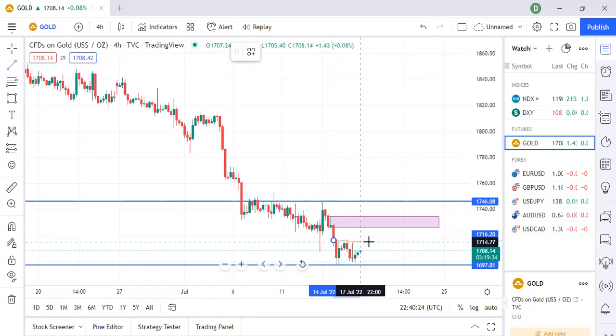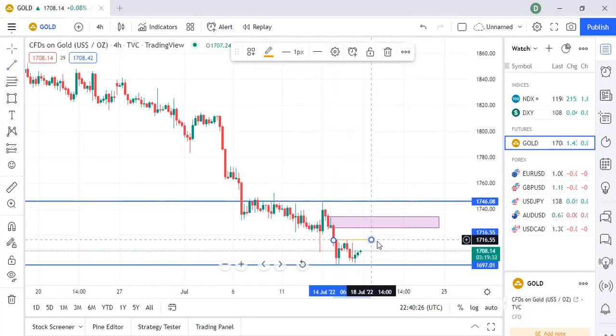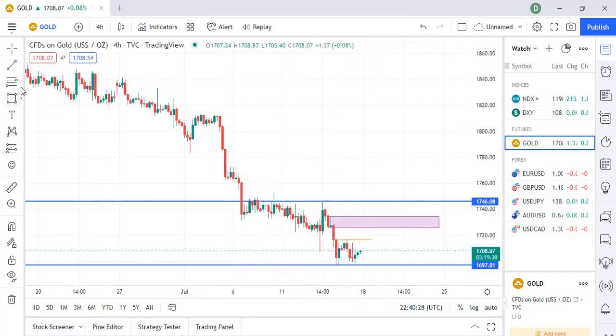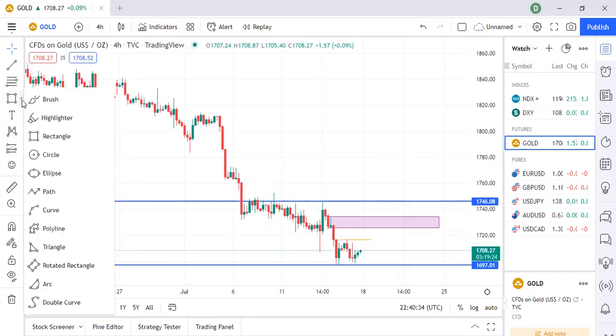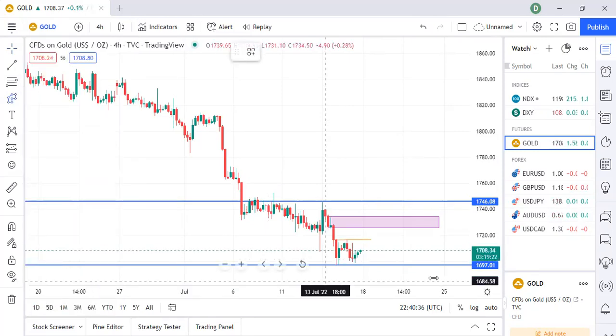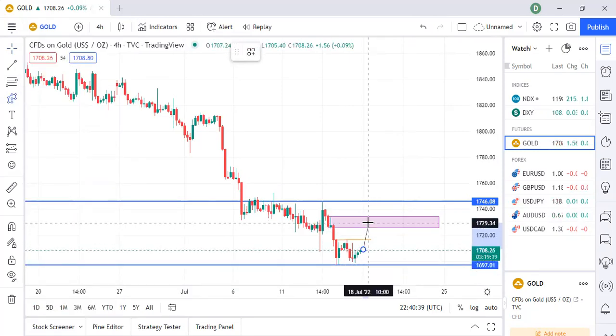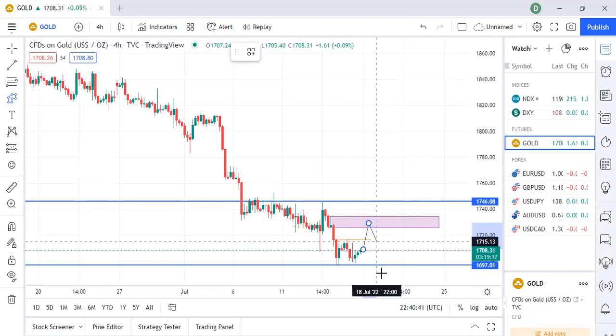I've seen some level of liquidity being left behind here. That is why I'm expecting price to still push to that side, and then we will break this low.